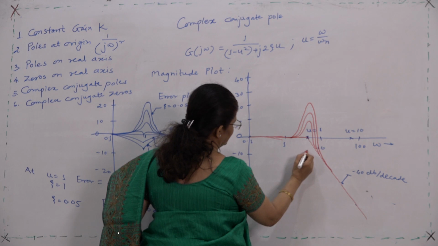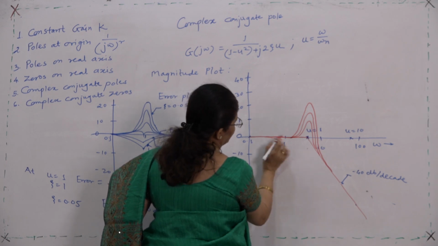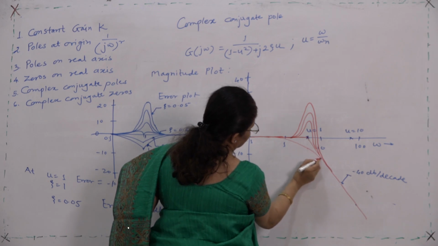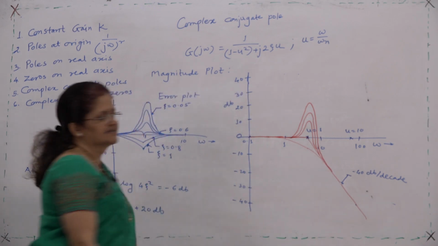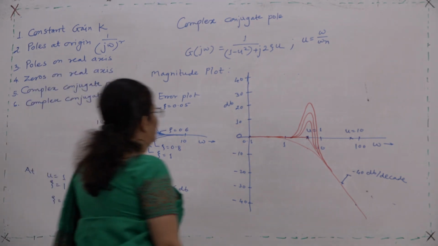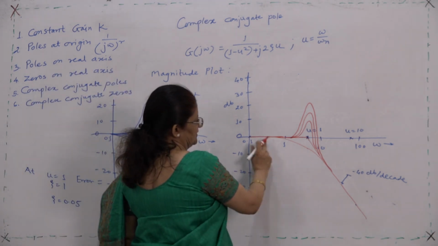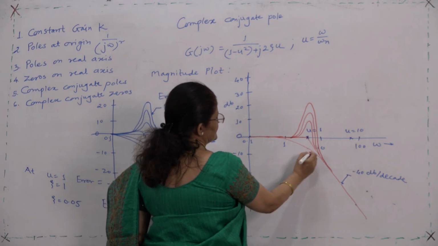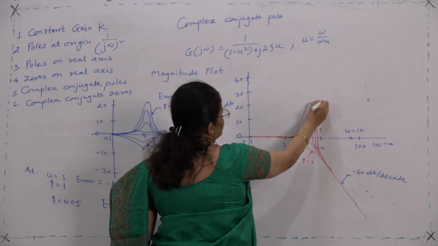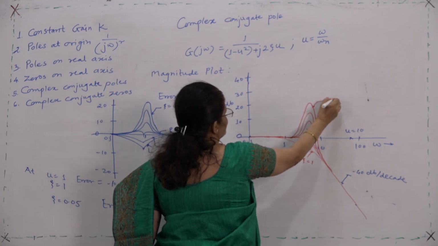Minus 6 dB, and then draw a smooth curve like this. So, this is when zeta is 1, this is when zeta is 0.05.